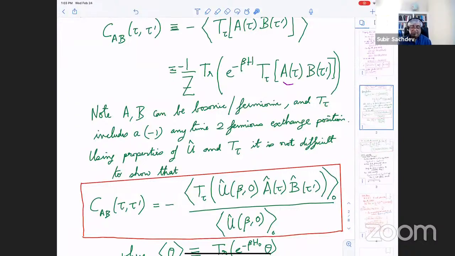If I'm actually computing a physical Green's function for a physical experiment, like a scattering experiment or photoemission, then I do have to go to real time. Right now, you should just view this as some tricks I'm playing with the imaginary time Green's function. I see. These are definitely different times, tau and tau prime. The only place we had the same time was in the Hamiltonian itself, and that's because we just had an instantaneous Coulomb interaction.